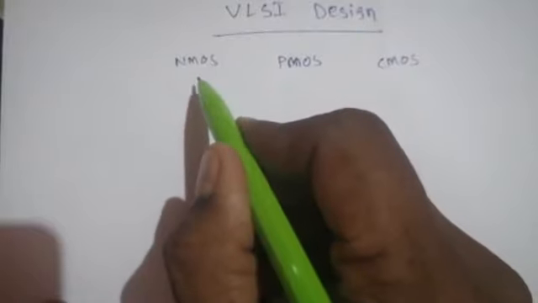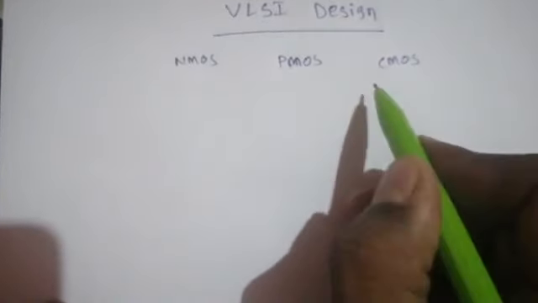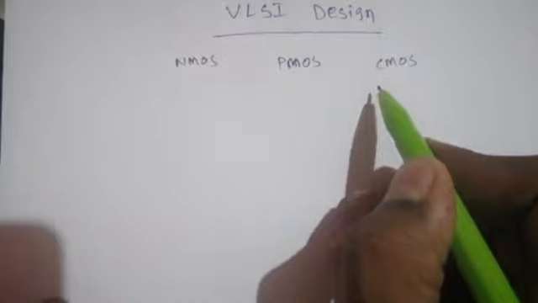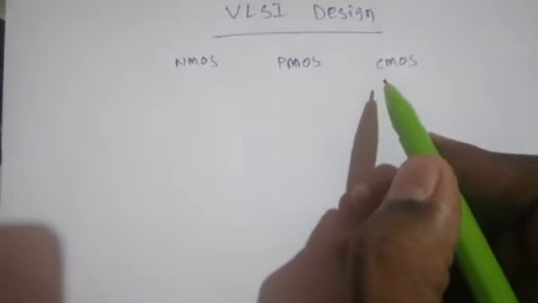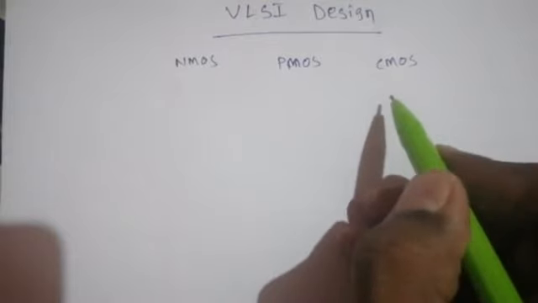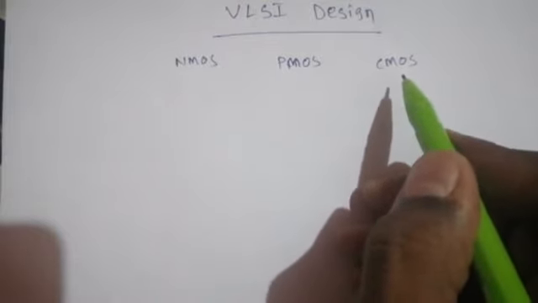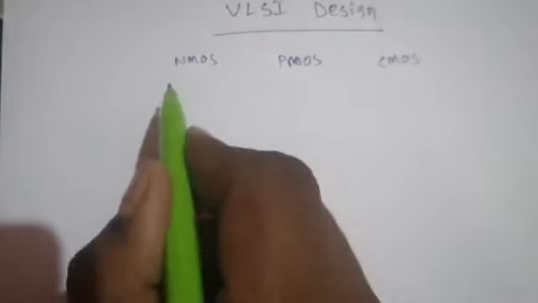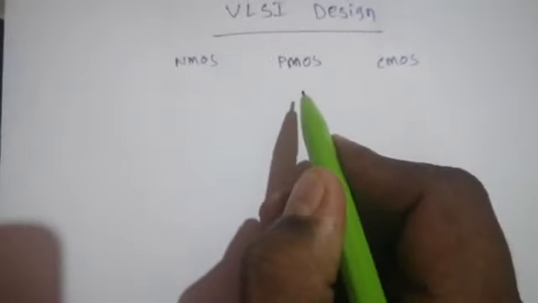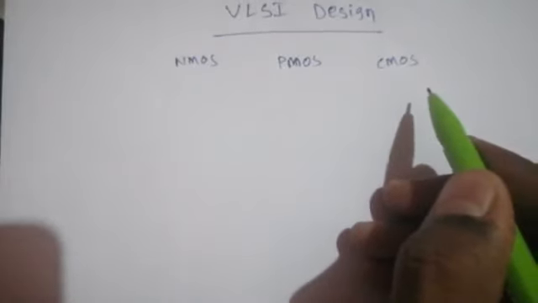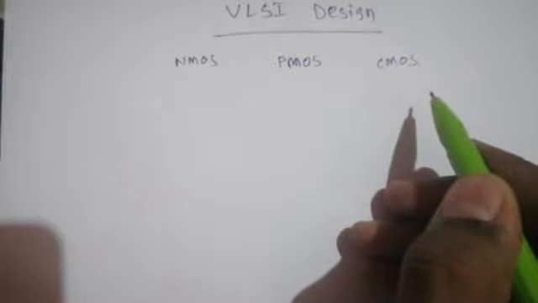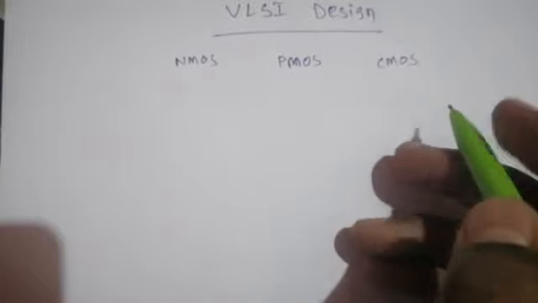Based on NMOS and PMOS, CMOS will be constructed. For this only we are designing stick diagrams and layouts, everything. First of all, what is NMOS, what is PMOS, and how the CMOS circuits we are designing, we will discuss in this video.